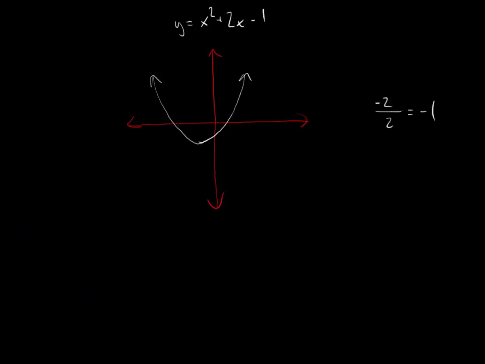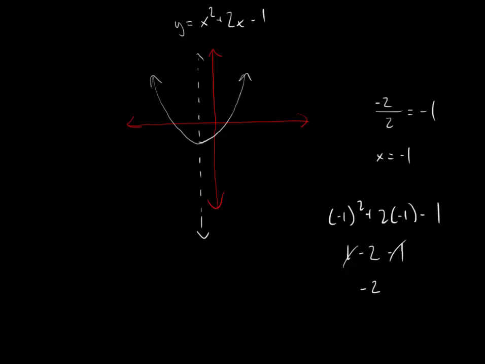So the axis is at negative 1. And then the y coordinate of the vertex is at negative 1 squared plus 2 times negative 1 minus 1. So that's 1 minus 2 minus 1. So that's negative 2. So then the vertex is at negative 1, negative 2. Right here.